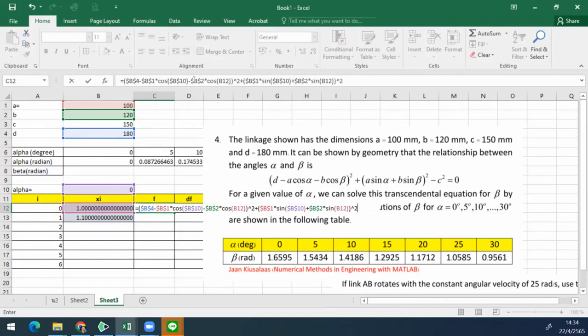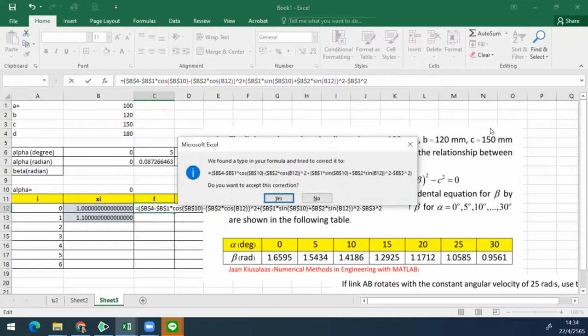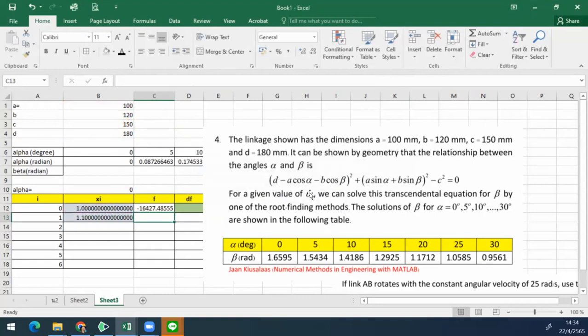I forgot the bracket over here. Oops. Sorry, what's happening to that? So what is this? Oh, it should not have this.